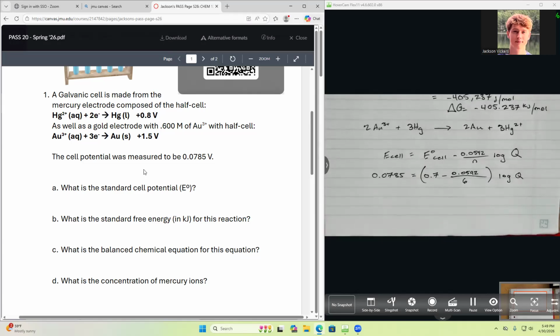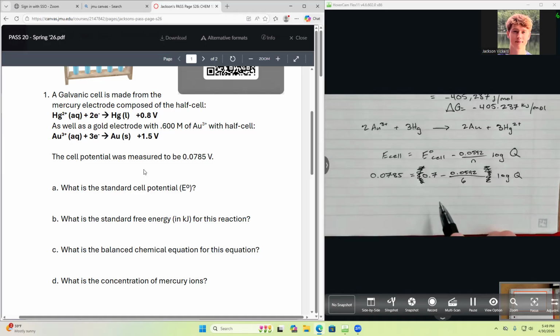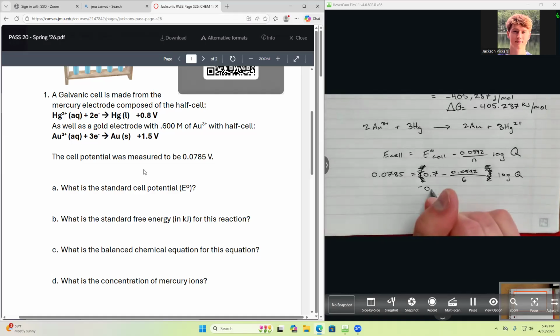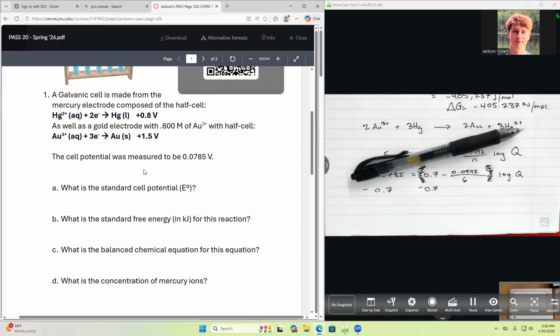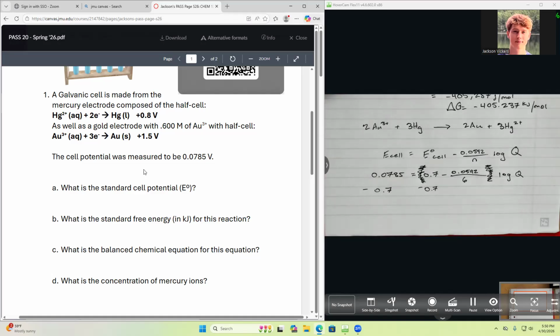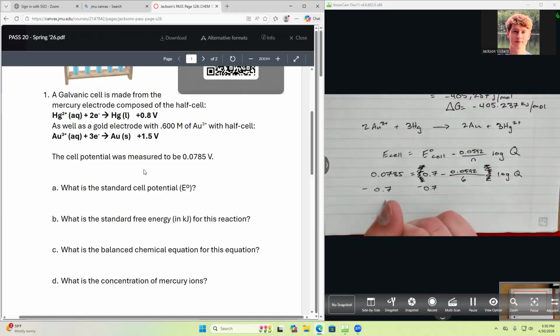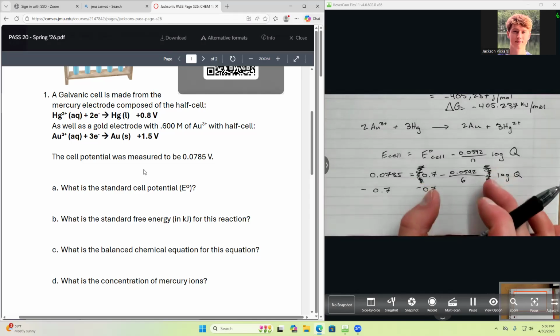Over here, do I agree with that? I don't agree with that. I'm not going to put these in parentheses. The first thing I'm going to do is subtract 0.7 on both sides. So I'm going to get a calculator out. Is that okay for everyone, why I subtracted this first rather than making this a parenthesis?